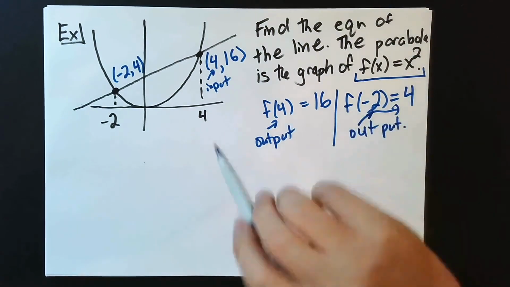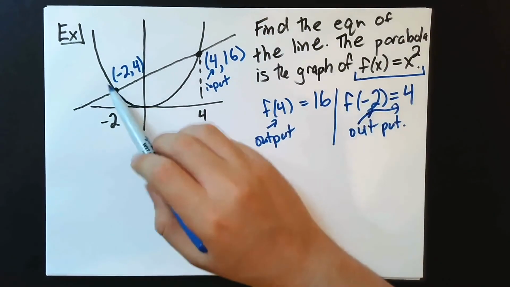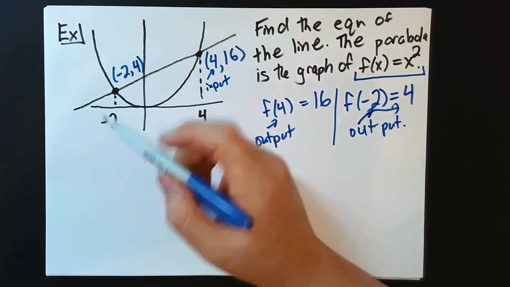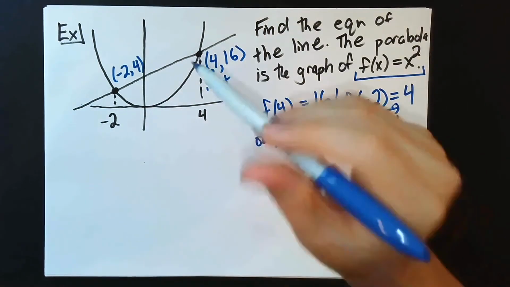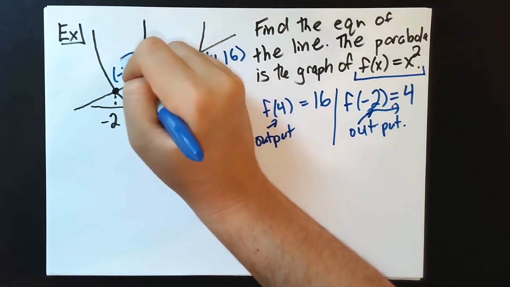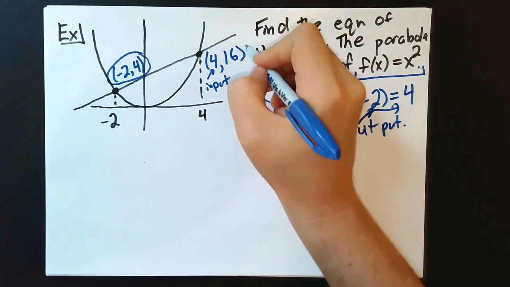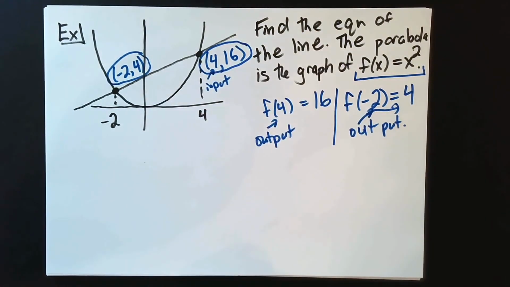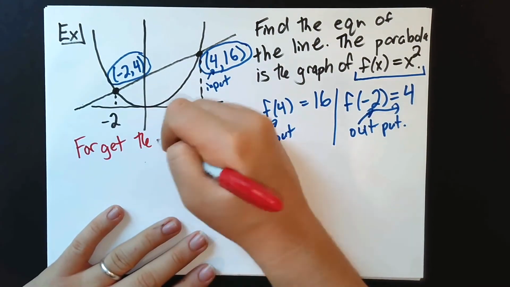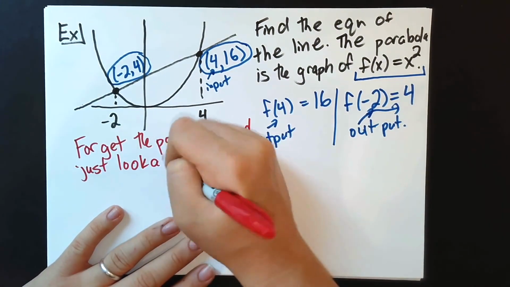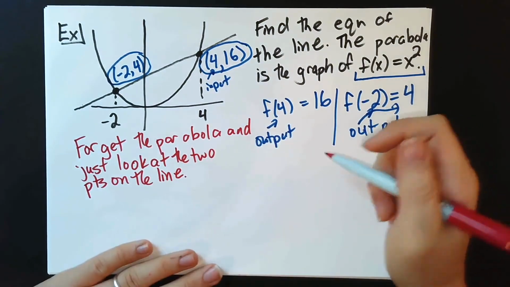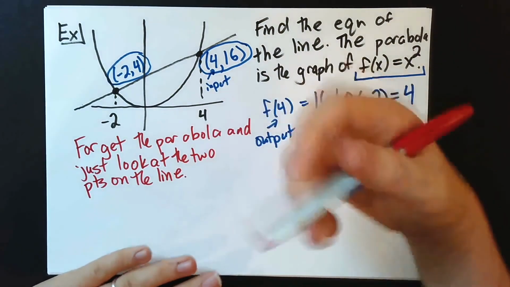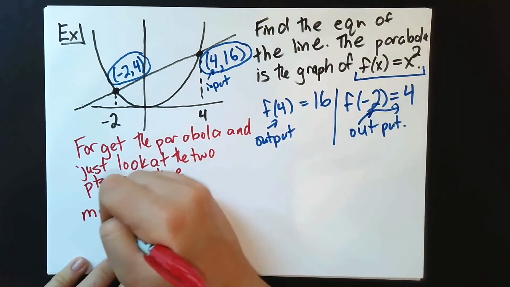And once I've calculated the output of this function at these 2 points, I can now completely forget about the parabola. I don't need it anymore. I just know I want the equation of the line that passes through these 2 points. So, at this point, we forget the parabola and just look at the 2 points on the line. So to start with, let's write down the slope.